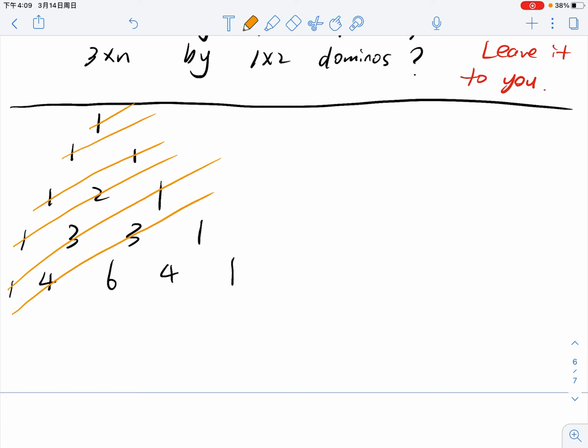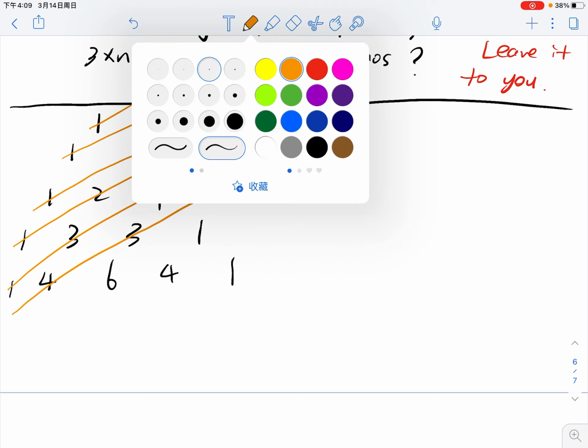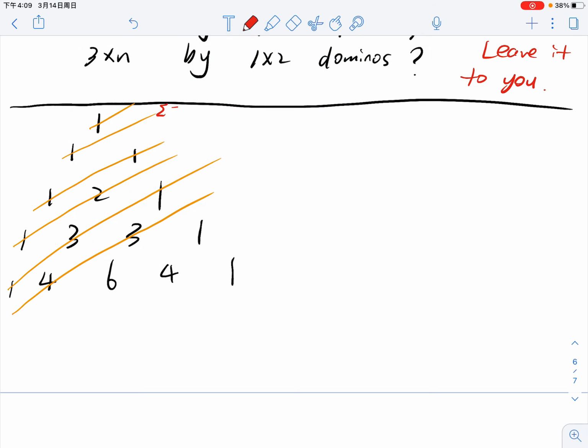And if you do summation, you will see the first summation is 1, and the second line is 1.